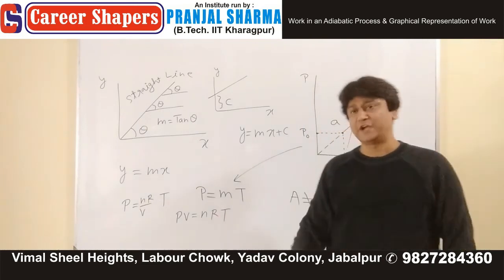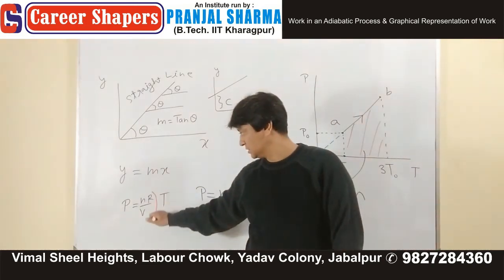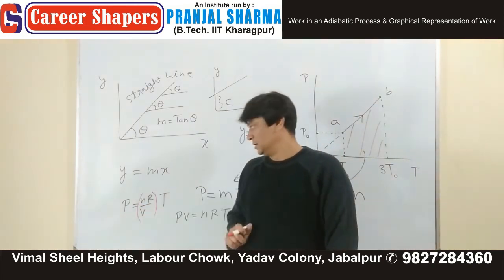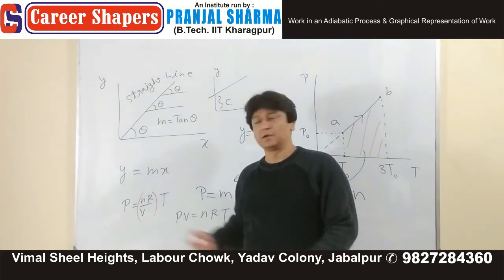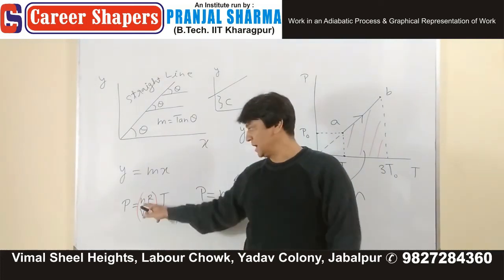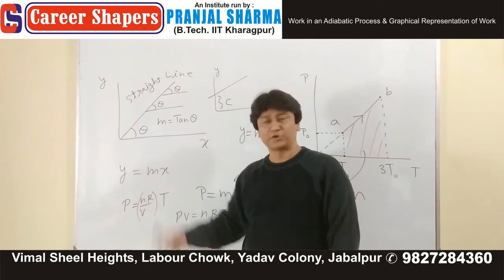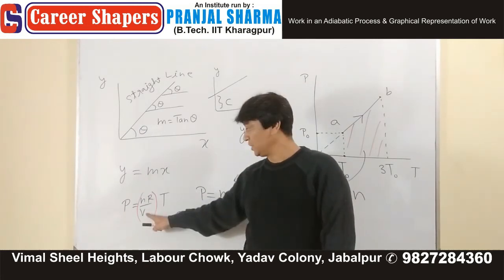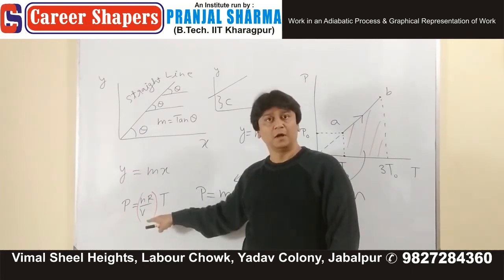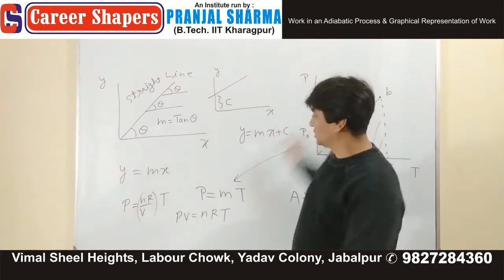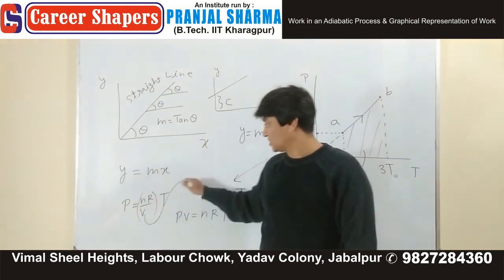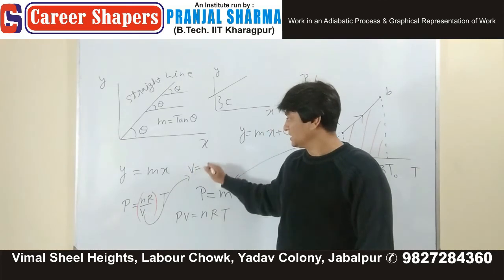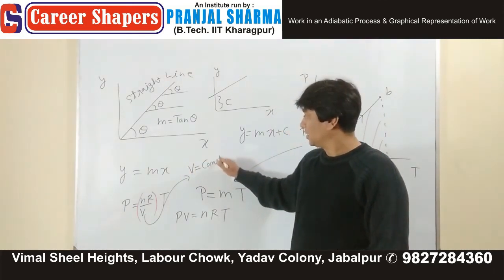What is inside the red bracket? N, number of moles, that is a constant. R, constant. V, this is the important one. This process says that your V is basically constant.